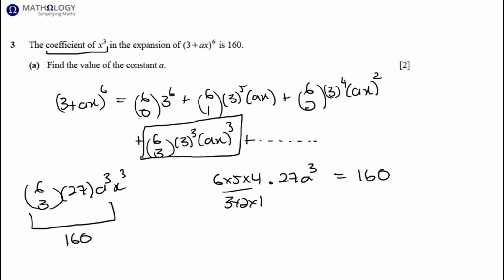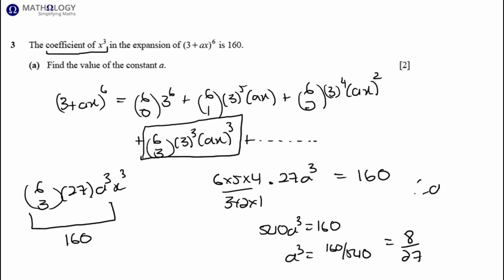So 120 over 6 is 20, times 27 is 540 a cubed, and that equals 160. a cubed equals 160 over 540, which equals 8 over 27. So therefore a is the cube root of that, which is 2/3.